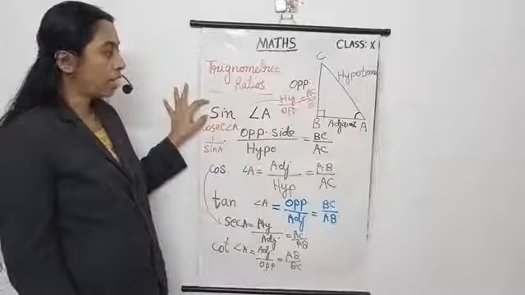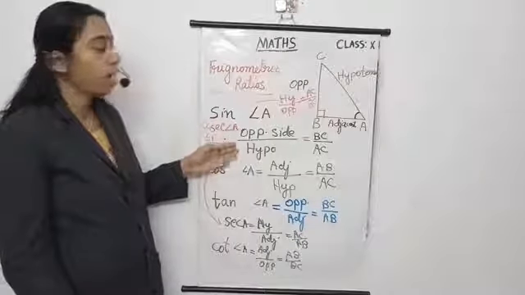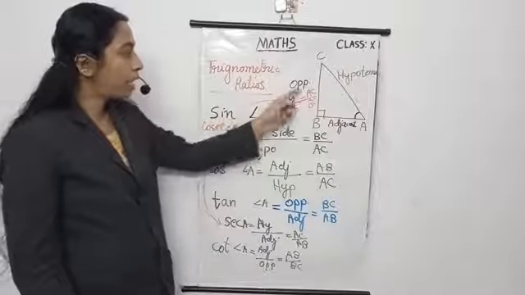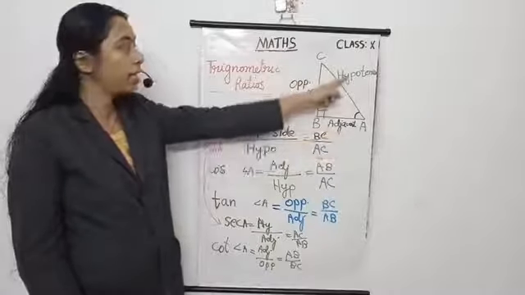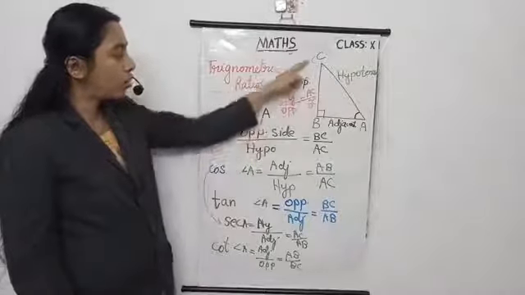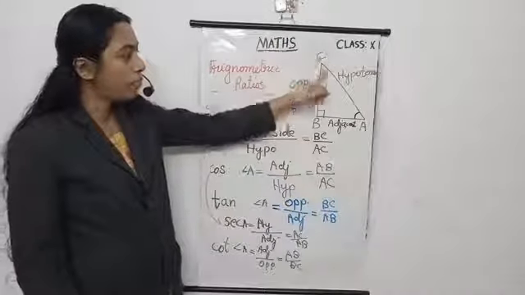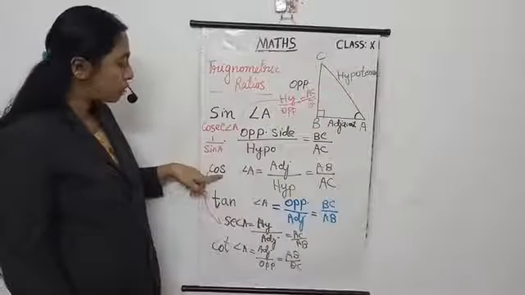First is sine. Sine means opposite side by hypotenuse. With respect to angle A, this is the opposite side, this is the adjacent side and this is the hypotenuse. Sine angle A is equal to BC by hypotenuse AC. And the second ratio is cosine.